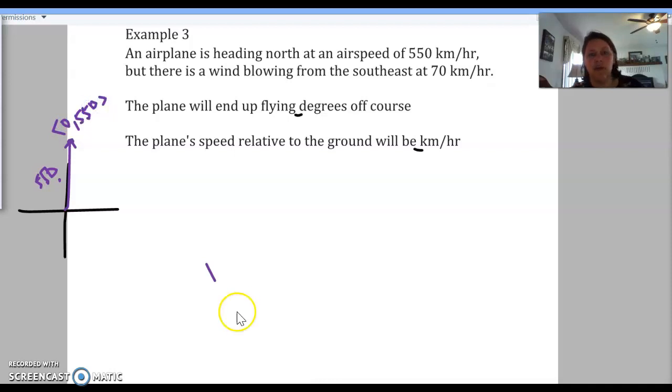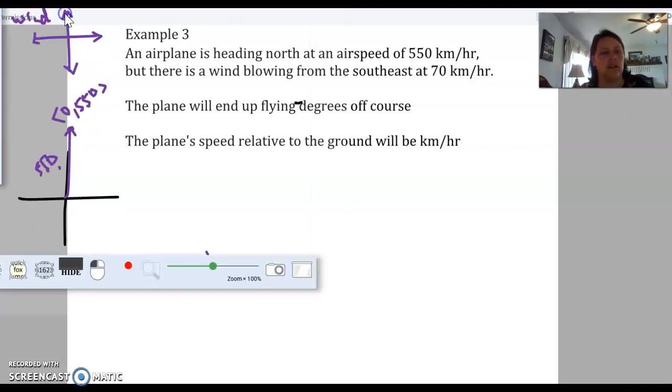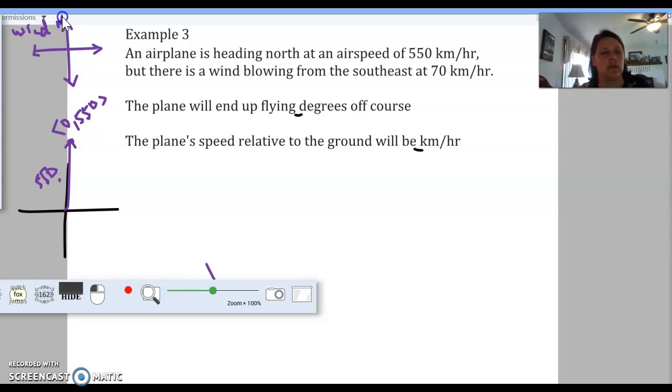Okay. Now we also have the wind that is blowing out of the southeast. So I'm going to draw a little weather vane up here to help us figure out what's happening with this wind. So we've got north, east, south, and west.